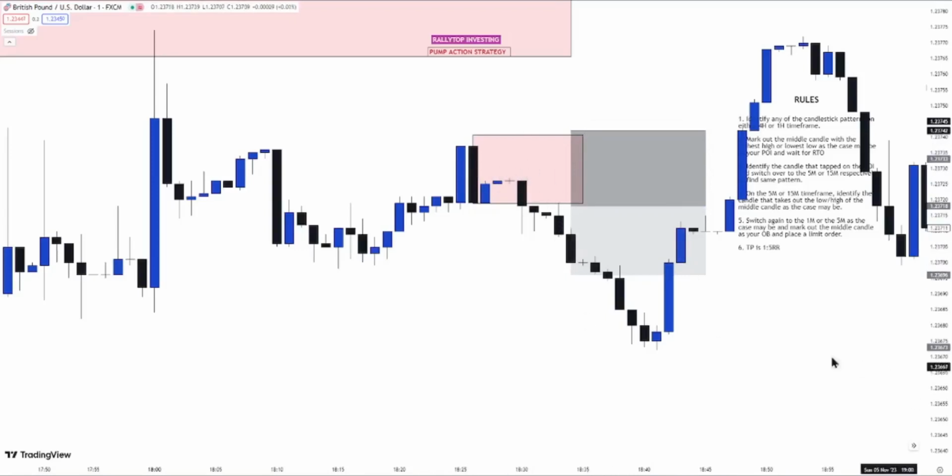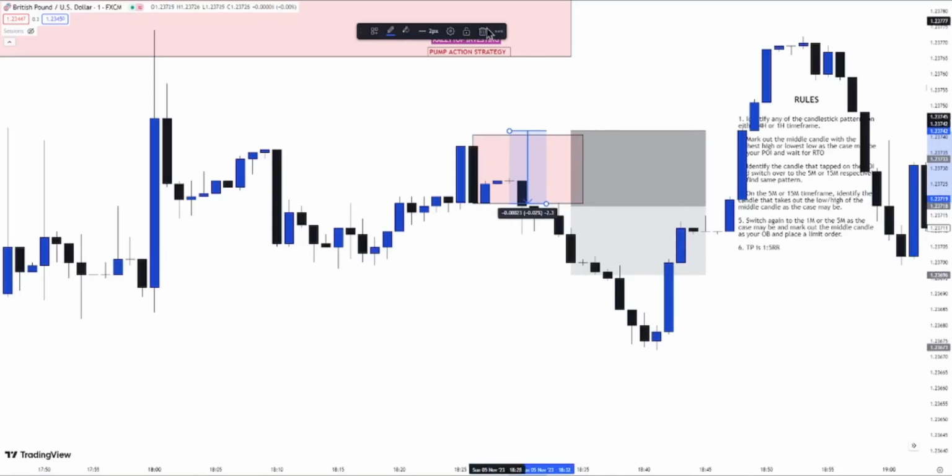But remember, 10 pips is your maximum stop loss. Like I told you, just 10 pips. As you can see, this is still within it. This is 7 pips. Okay?